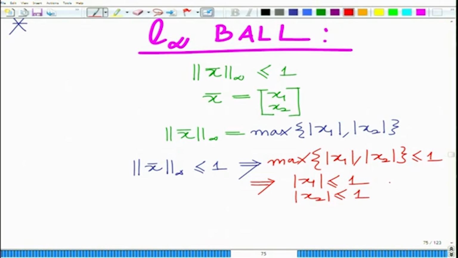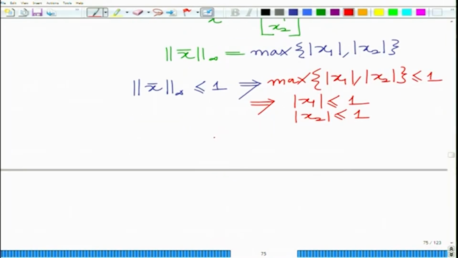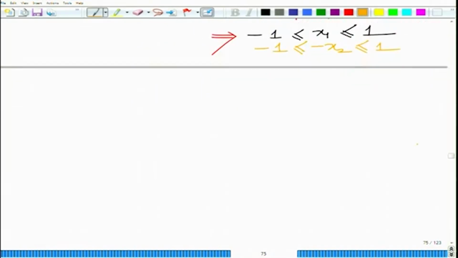Now, magnitude x1 less than or equal to 1 implies that minus 1 less than or equal to x1 less than or equal to 1, that is, x1 has to lie between minus 1 and 1, and further magnitude of x2 less than or equal to 1 implies minus 1 less than or equal to x2 less than or equal to 1. So this is the intersection of these four half spaces.